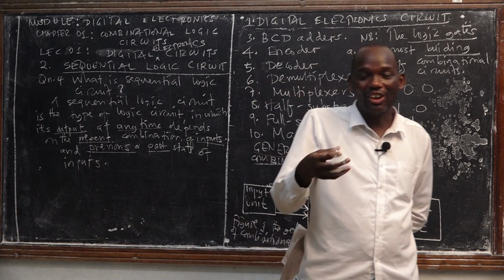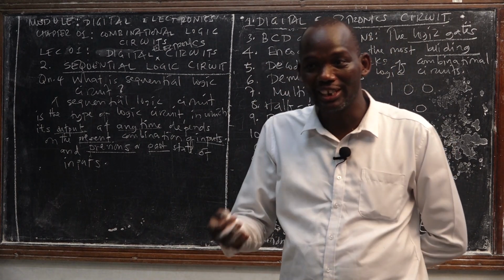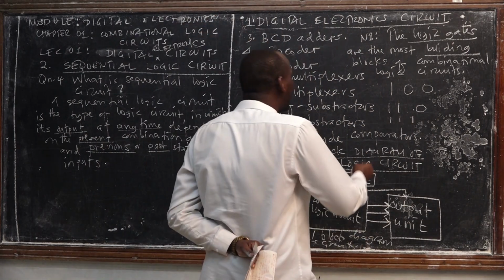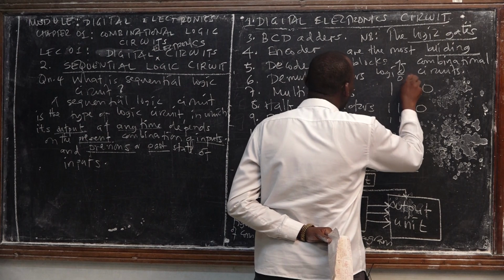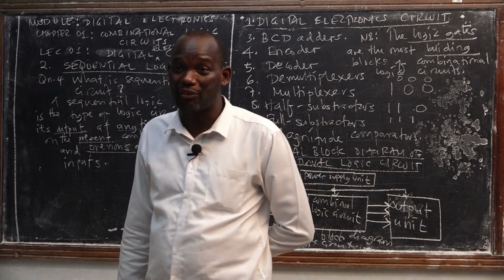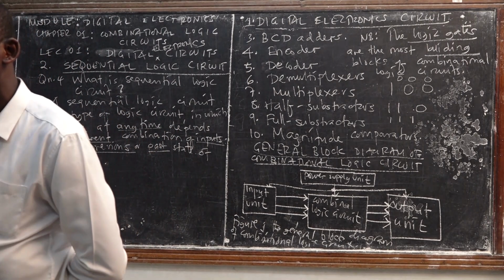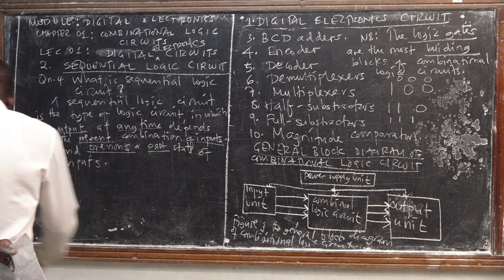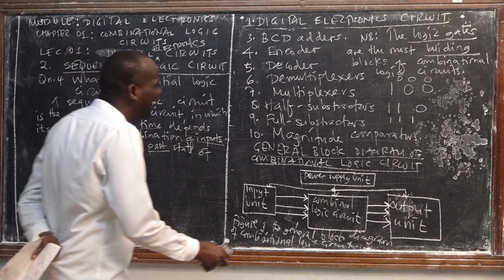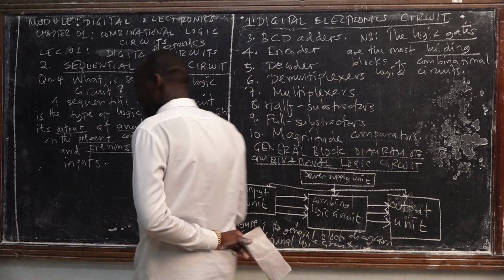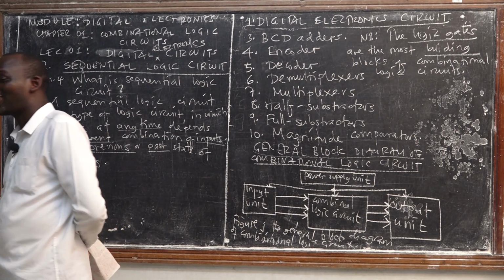So you see, digital electronics is everywhere, even in taking food. Sometimes in Bongoland, you may have a binary number 100. It doesn't mean that you have fasted, but the situation is not easy.